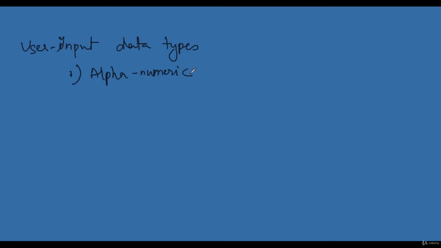For this data type, you can specify the maximum length and define the acceptable parameter values. The next data type is the decimal user input parameter.